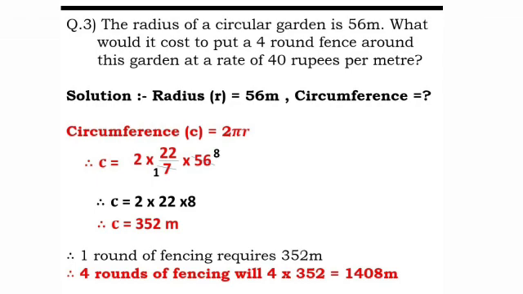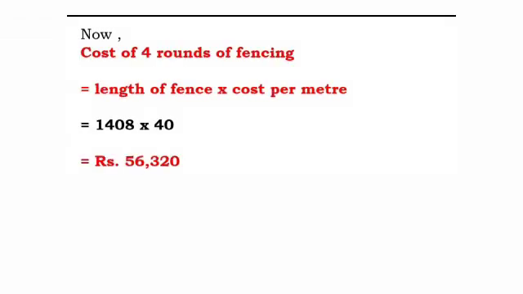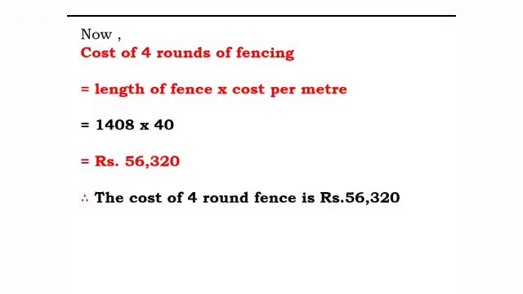So 4 rounds of fencing will require 4 into 352, which is equal to 1408 meter. Now after finding the requirement of 4 rounds of fencing, that is 1408 meter, you are going to find out the cost of 4 rounds of fencing, where they have given you that the cost is 40 rupees per meter. So cost of 4 rounds of fencing is equal to length of fence into cost per meter.